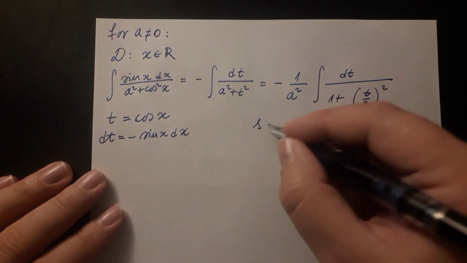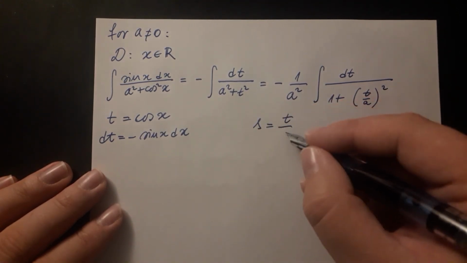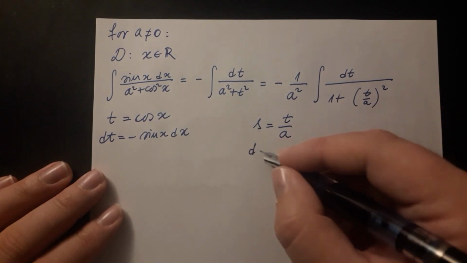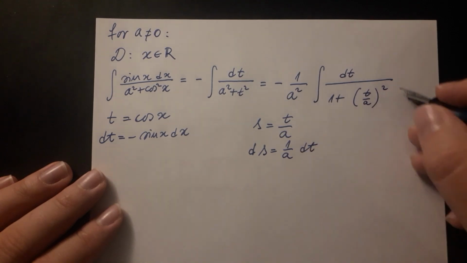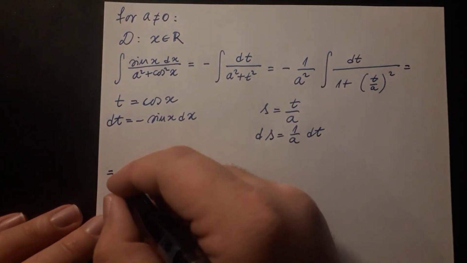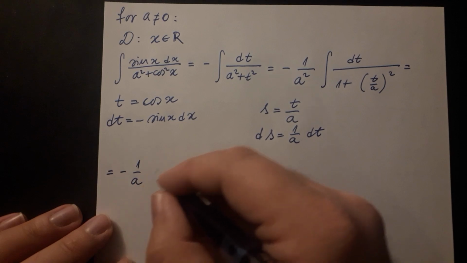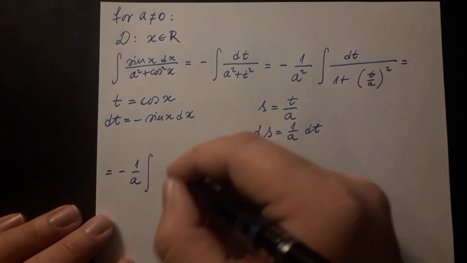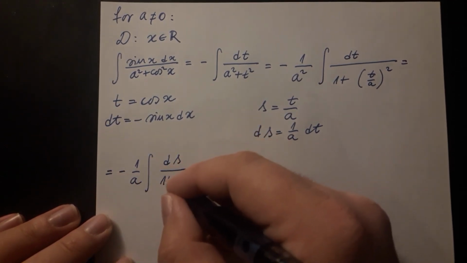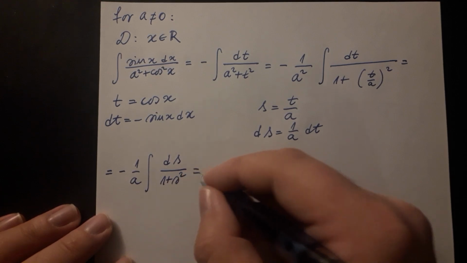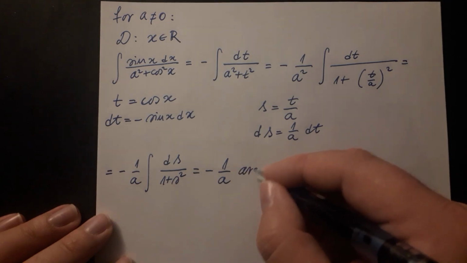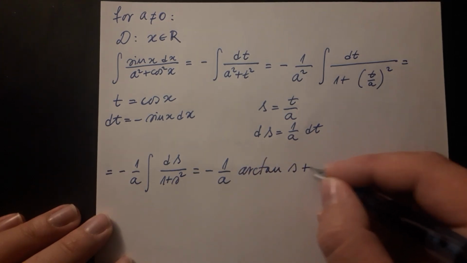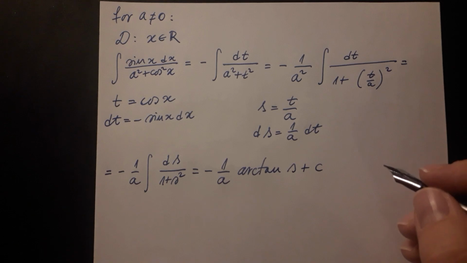By using the substitution that s is equal to t divided by a, we get that ds is 1 divided by a differential of t, and the integral can then be written as negative 1 over a, an integral of ds divided by 1 plus s squared, which is equal to negative 1 divided by a arccotangent of s plus an arbitrary constant c.